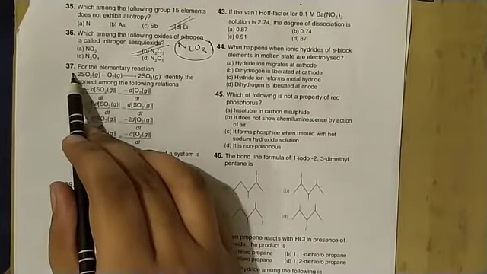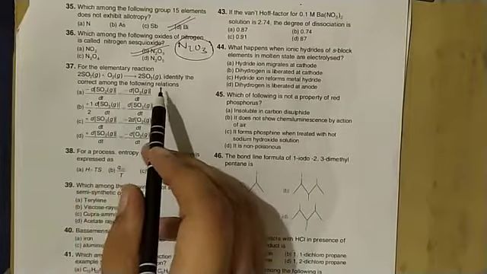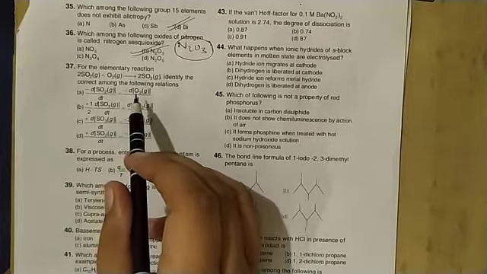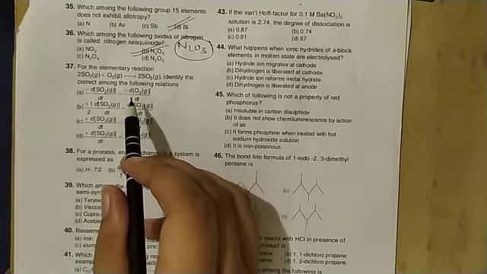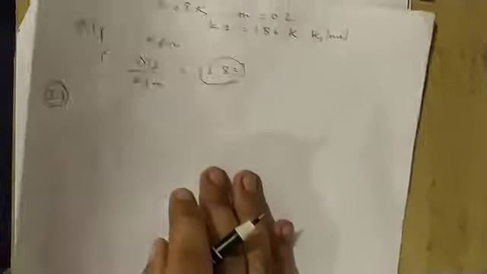Next question is question number 37. For the elementary reaction, the reaction is given. Identify the correct among the following reactions. There is a relation between rate of reactions of the two. So we have to find out which one is correct. So let us write down the reaction and the rate of reaction. Here we are talking about question number 37.